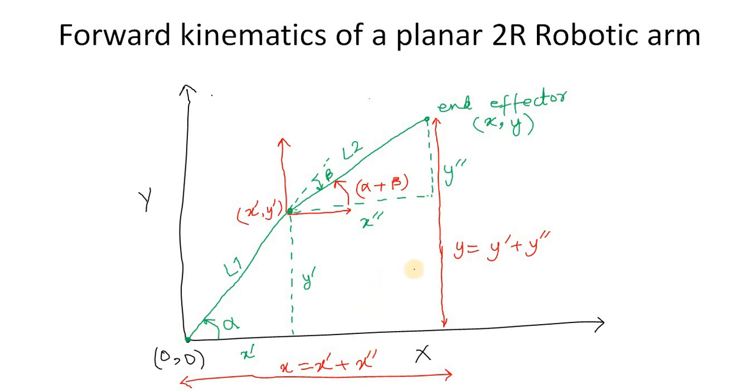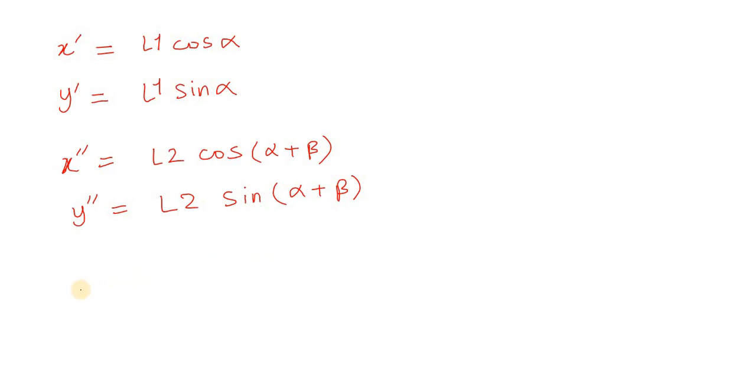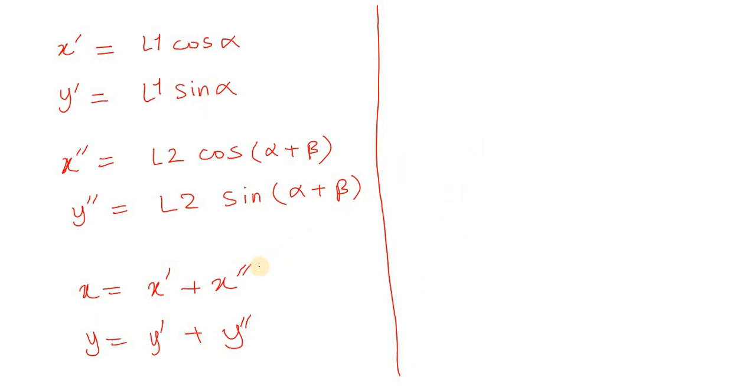So it means we can find x and y if we know the values of the intermediate x's. So as we have seen already, x is equal to x dash plus x double dash and y is equal to y dash plus y double dash. So put the values of x dash and x double dash.